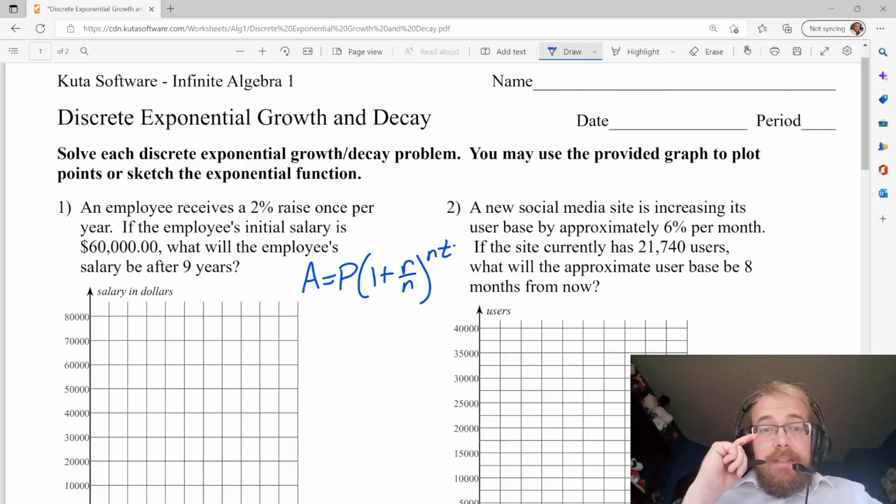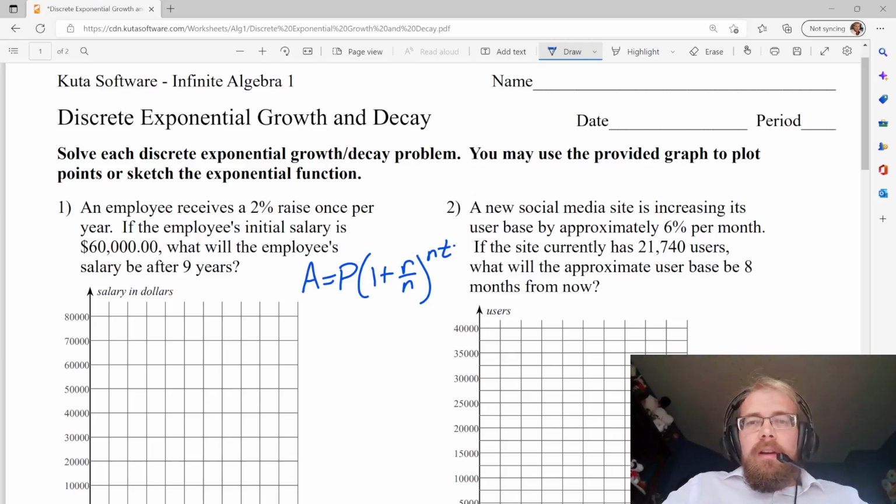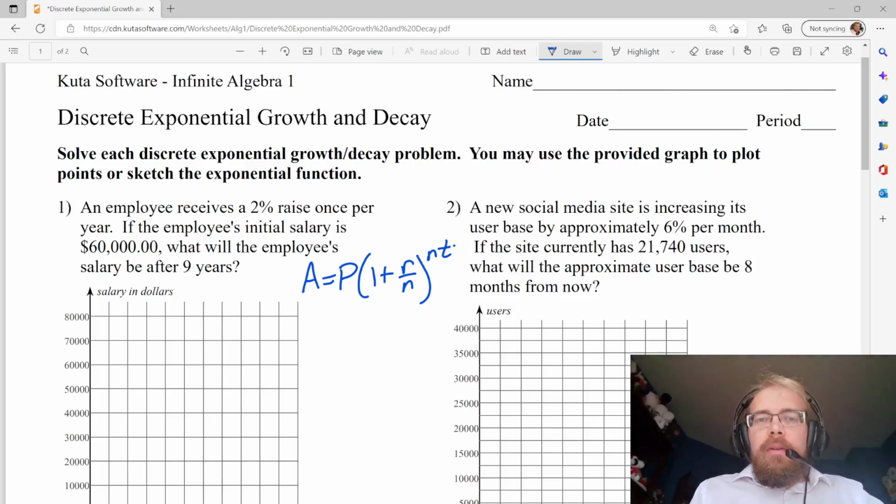This is what's called the compounding growth or decay formula. It's used mostly for money, when you have money that's compounding and you want to figure out how much money you're going to have in a certain number of years, assuming an average rate of return and whatever number of times in a year you're compounding it. So that's typically what this formula is used for. You can use it for other things, though.